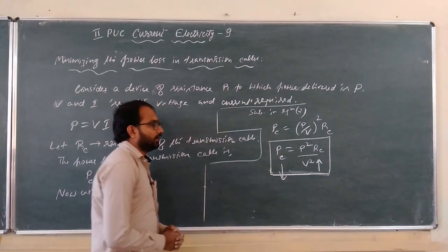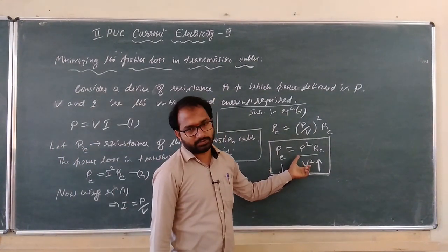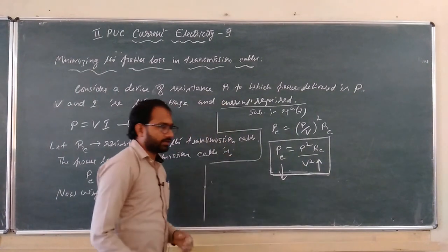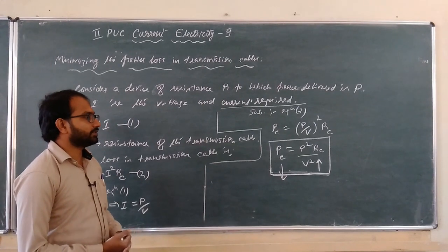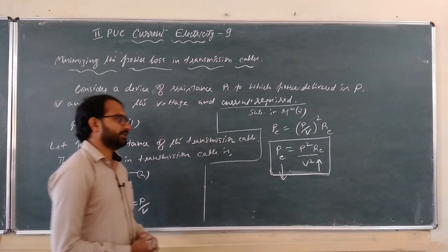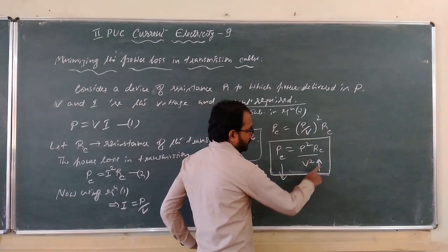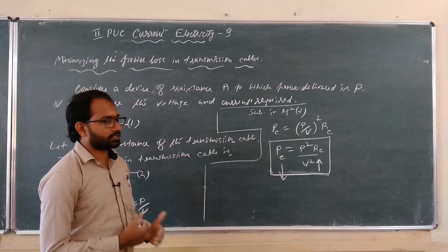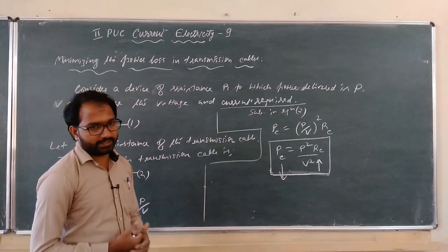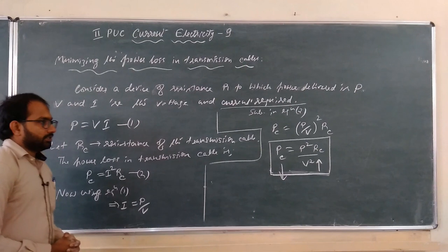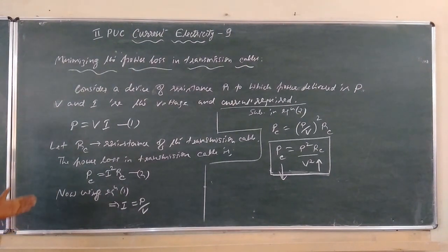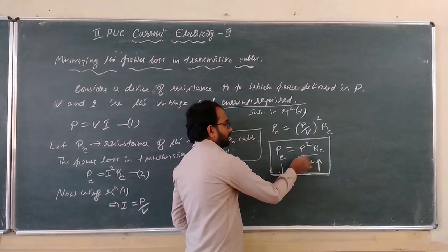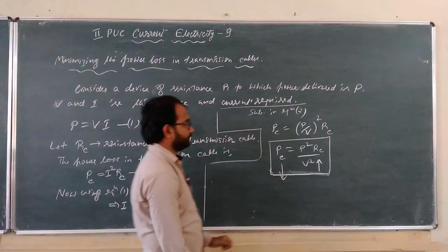Okay, so the voltage is reduced to a desired value using a step-down transformer. So the power loss in transmission cables can be minimized by increasing the voltage. Okay.